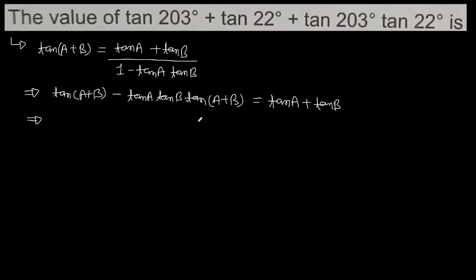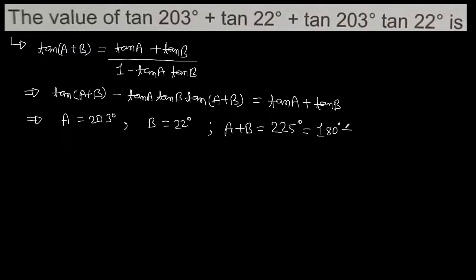We are keeping A equal to 203 degree, B equal to 22 degree. A plus B will be 225 degree, which is nothing but 180 degree plus 45 degree.